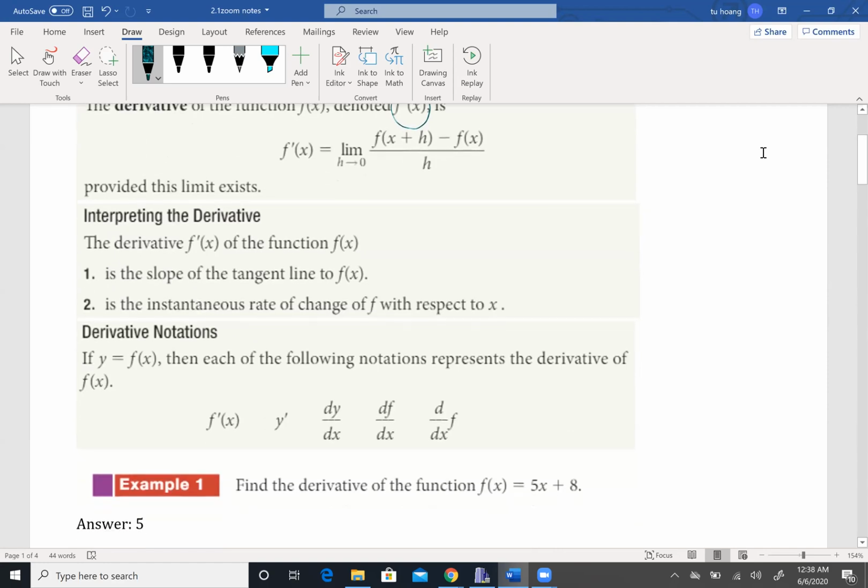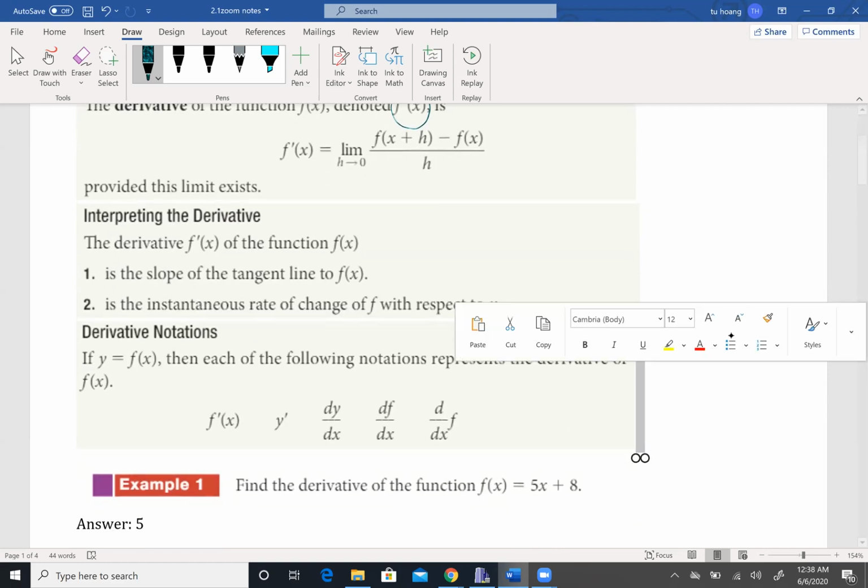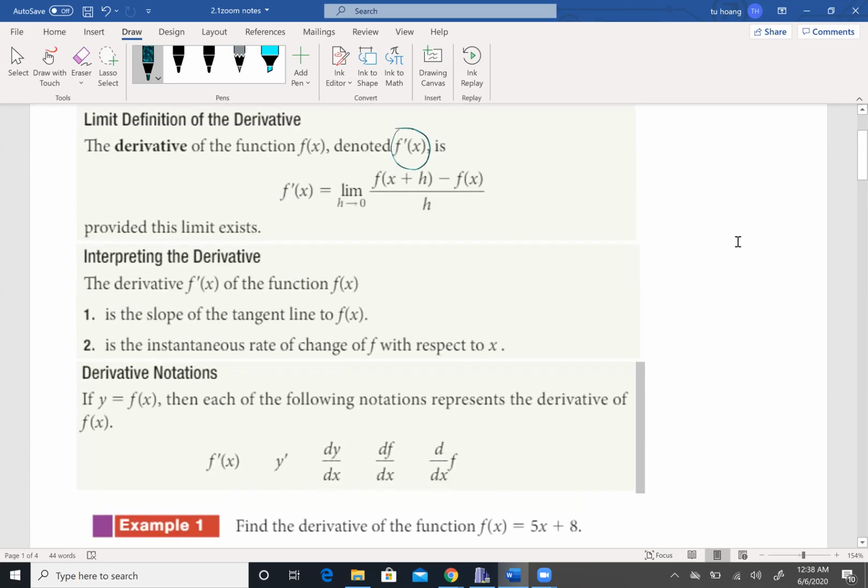For interpreting the derivative, I can say that the derivative f'(x) of a function f(x) could be interpreted in two ways. One is that the derivative is the slope of the tangent line to f(x).